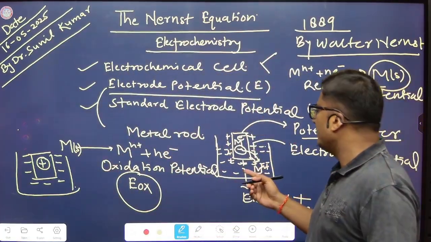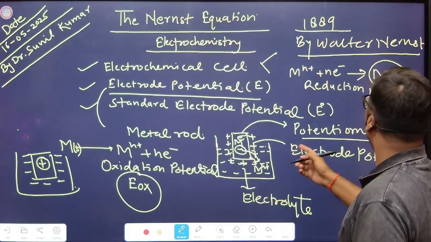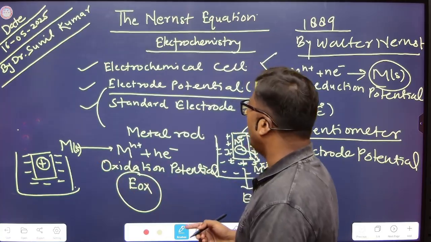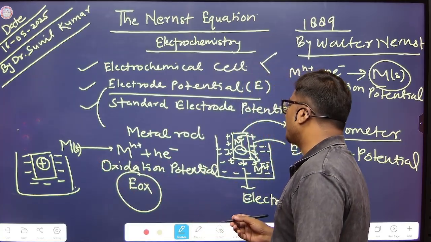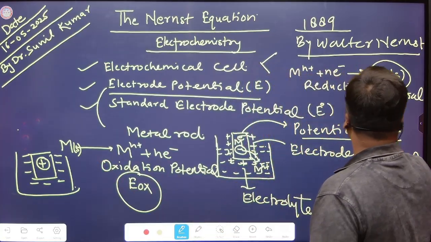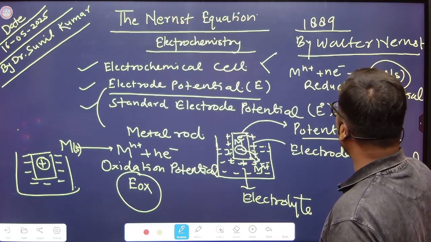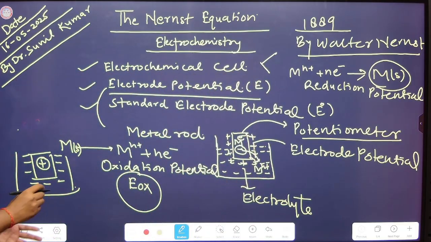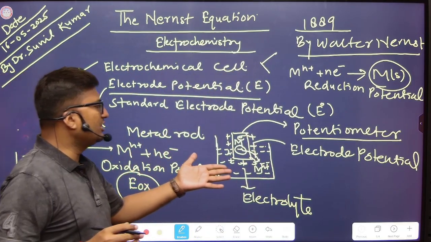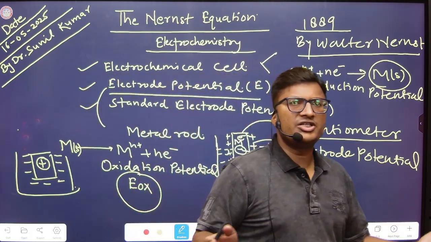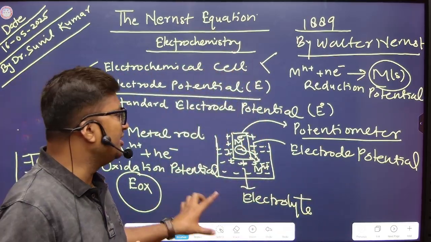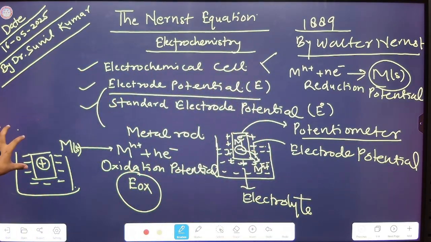Some cations flow towards this rod and are reduced. So the metal rod receives cations and gets positively charged, the concentration of cations decreases in the solution and the concentration of anions increases.